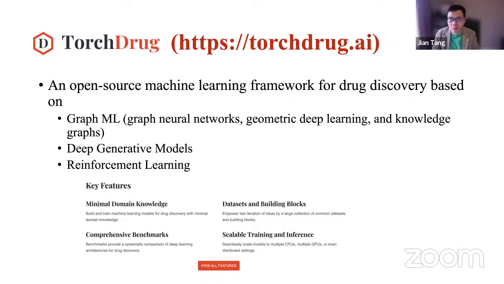For example, machine learning people may want to work on drug discovery, but they don't know which problem they can work on. So here we provide a bunch of different tasks and data sets, and we do some benchmarks. So machine learning people can really focus on developing machine learning algorithms instead of worrying about the data sets or the evaluation metrics. Okay, so these are the goals of our TorchDrug system.